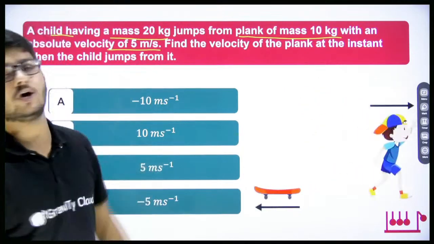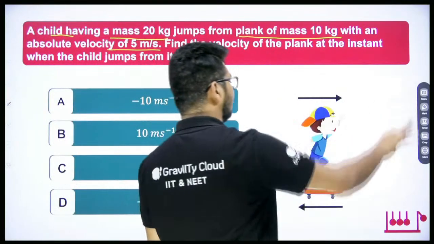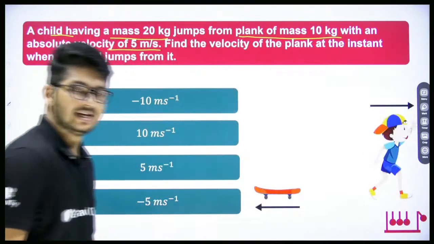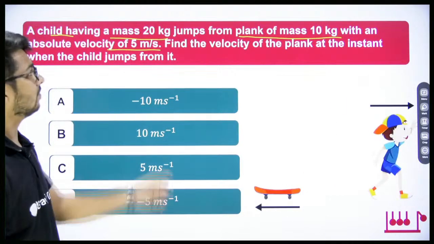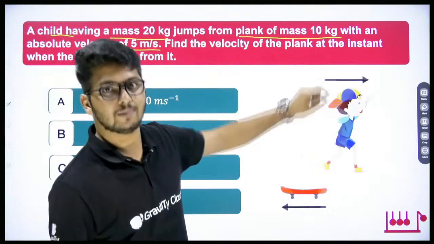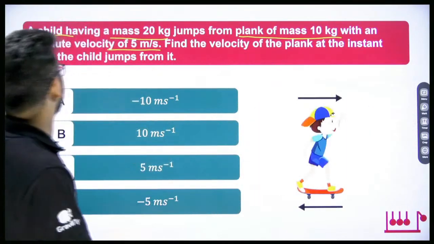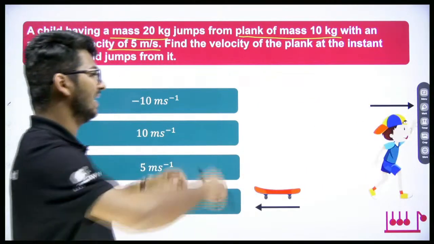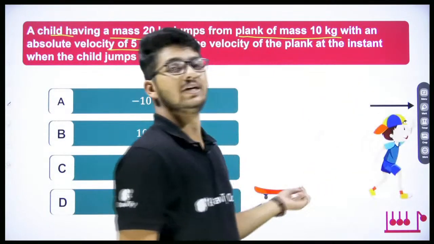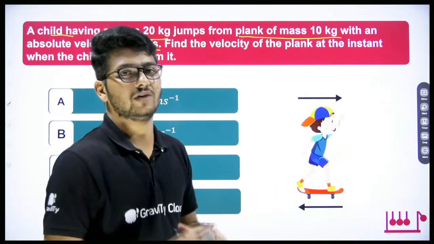With an absolute velocity of 5 meter per second, so the kid's speed is 5 meter per second. Find the velocity of the plank at the instant when the child jumps from it. So when the child has jumped, what is the velocity of the plank? That is what we have to find out.